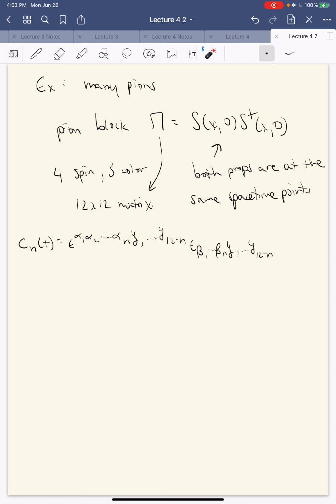We also need n powers of our pion matrix to correspond to the n pions, and they'll have source and sink indices associated with them.